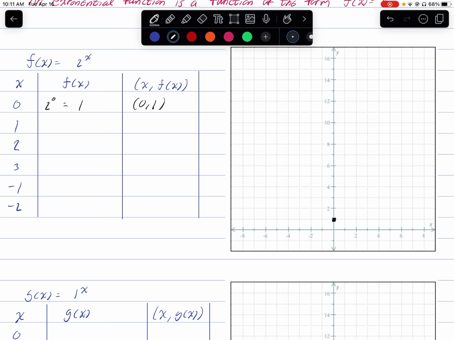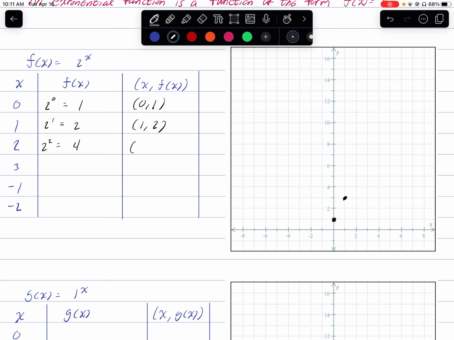If we have x equals 1, we'll have 2 to the 1, and anything raised to the first power is just itself. So we have 2, and the point 1, 2. If we take x equals 2, we have 2 squared, which is just 4.